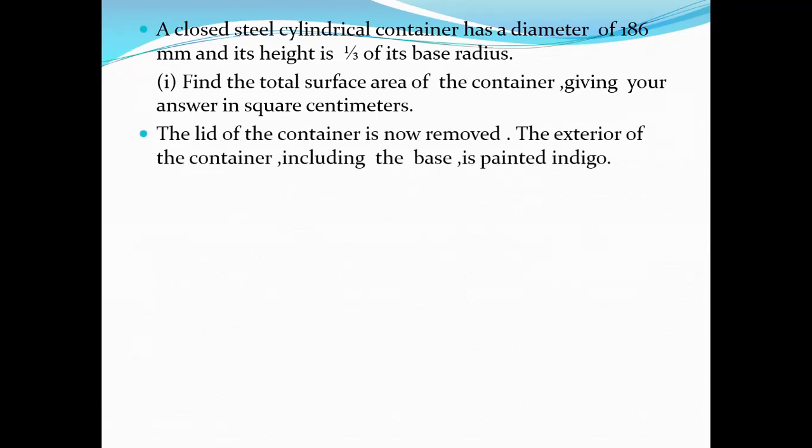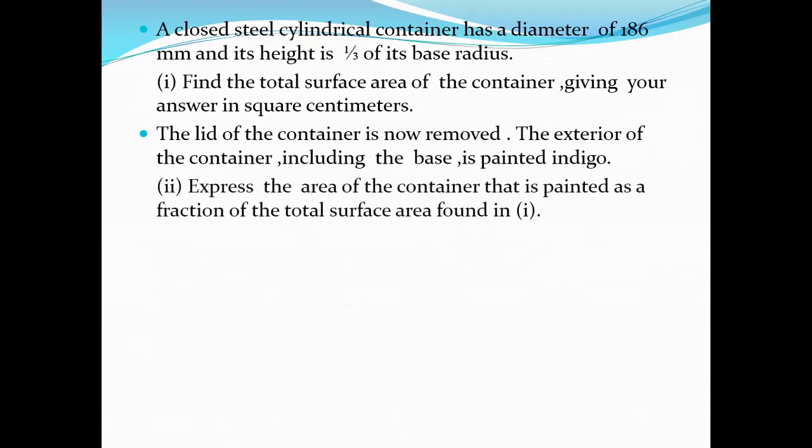The exterior of the container, including the base, is painted indigo. Now, express the area of the container that is painted as a fraction of the total surface area found in 1. Means whatever you have found in question number 1, the total surface area, you have to express in terms of fraction.